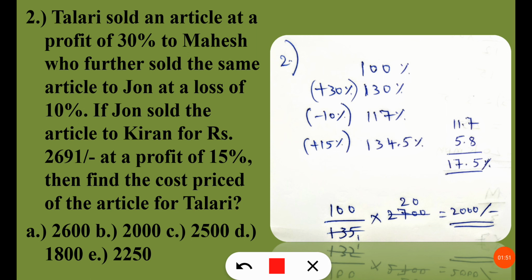Let us consider the cost price as 100% for Talari. Later, Talari sold the article to Mahesh at a 30% profit, that is 100 plus 30% equal to 130%, and Mahesh sold it to John at a loss of 10%, that is 130 minus 10%. 10% of 130 is 13, 130 minus 13 is 117%.